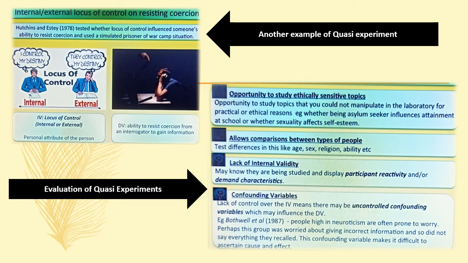Neuroticism means persons who are more sensitive towards being stressed and worry. Okay, that is neuroticism. Perhaps this group was worried about giving incorrect information and so did not say everything they recalled. So this confounding variable makes it difficult to ascertain cause and effect.